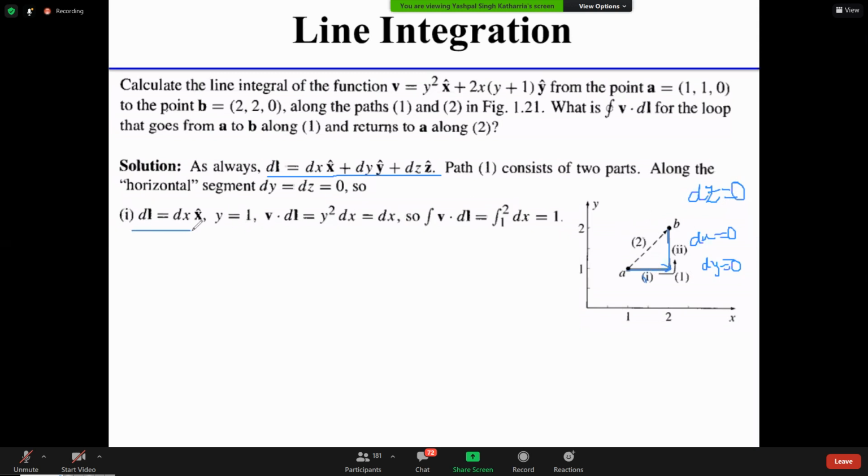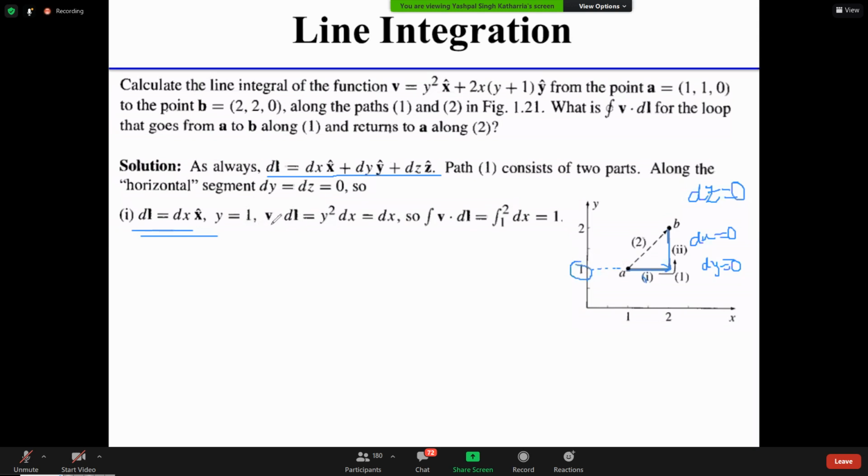So we can write down along the first segment that dl will simply be given by dx into x cap, and then the corresponding y, which has a value of 1.